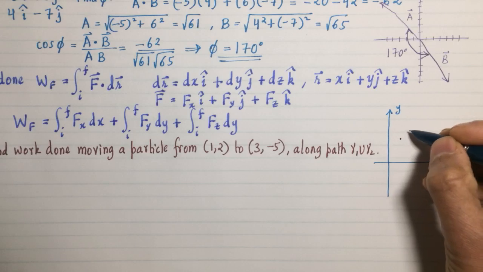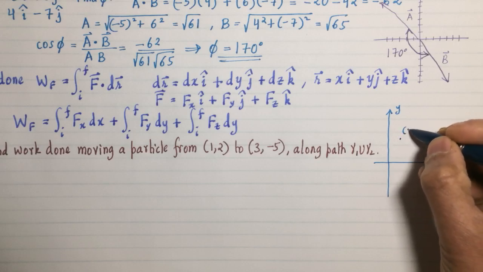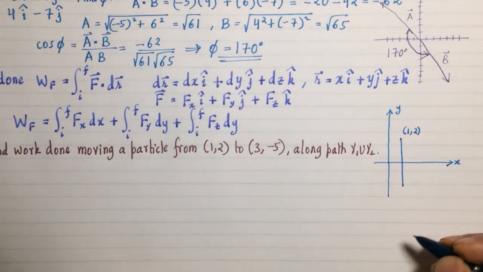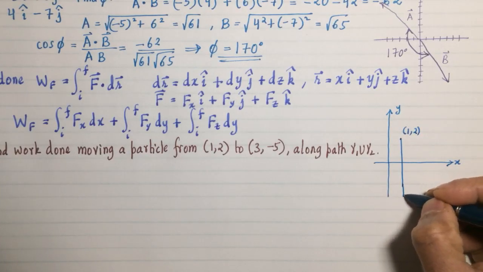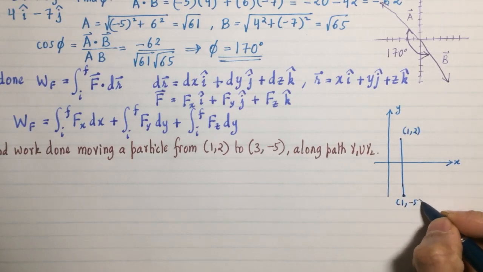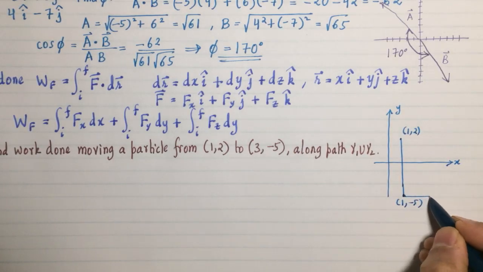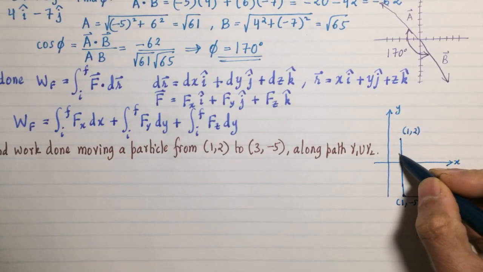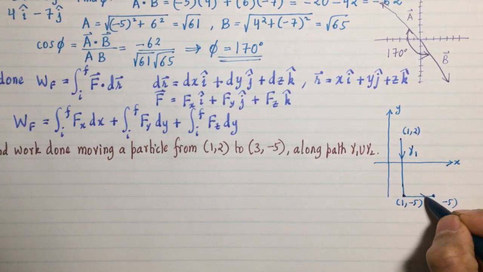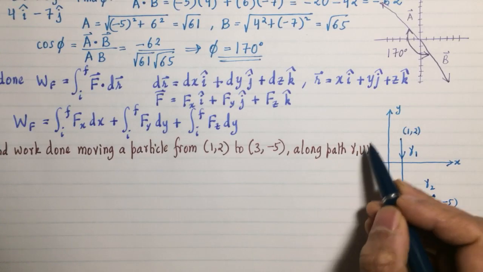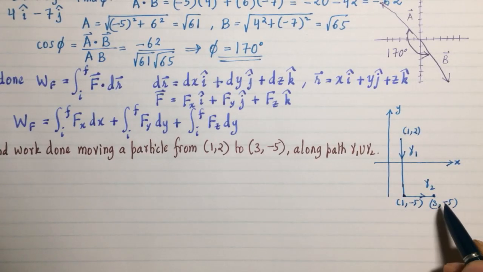So (1, 2) is somewhere here. I'm going to go straight down till I reach the point -5. So this point is (1, -5), and then I'm going to displace myself to the right by 2 units to get to my destination, which is (3, -5). This path down is called gamma 1, and that path is called gamma 2, and writing gamma 1 union gamma 2 simply means that you're looking at this path first and then that path.